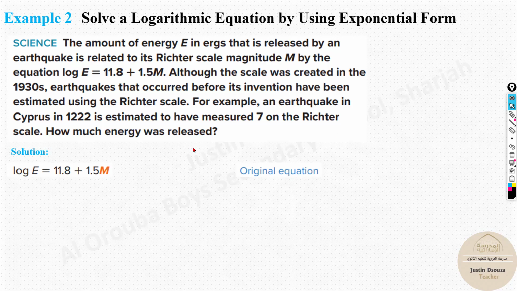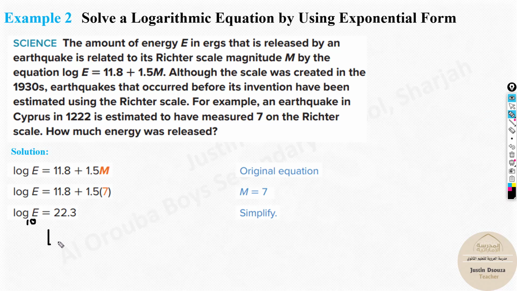All you need to do is put this 7 over here and simplify, add them up, and you will get 22.3. You can put this directly in the calculator, or you can simplify. Now, log is base 10.